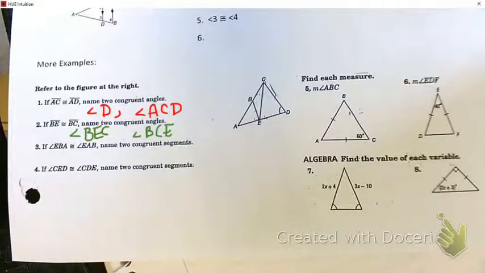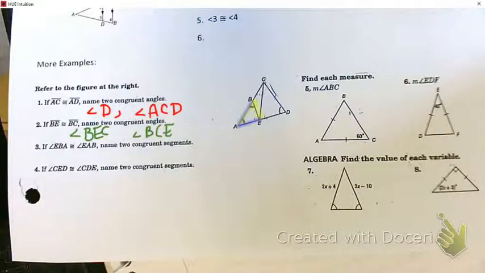Okay, EBA. So just follow E to B to A. That is congruent to EAB. So basically the two angles that it's talking about, and it's hard to see, is this angle and that angle.